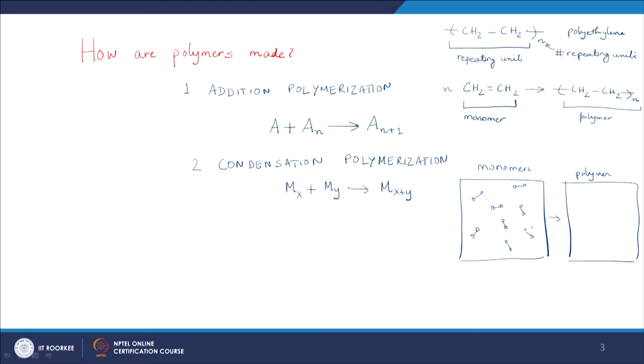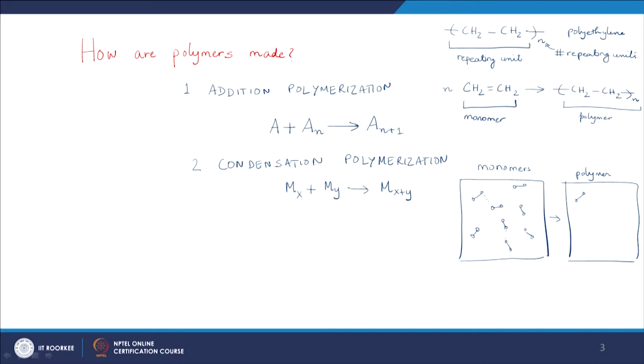So what you will see in the system is that you start to form many different polymer chains. These two will come together and form a polymer, then these two will also come together and form a polymer, and some will remain.